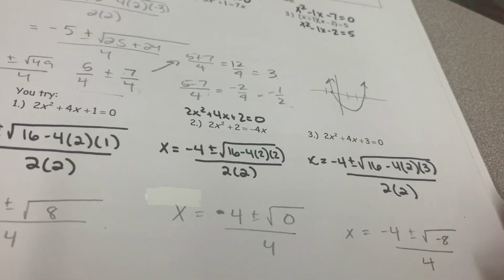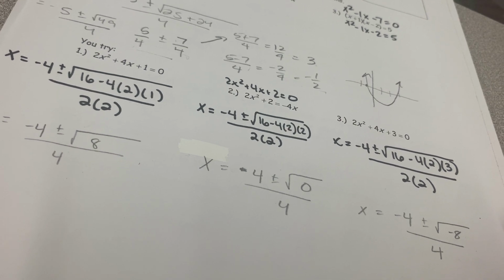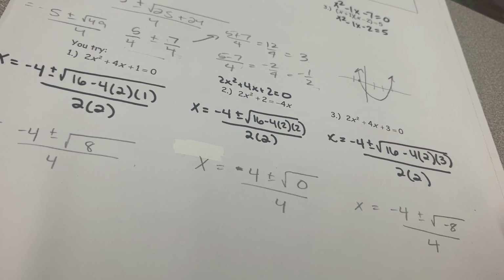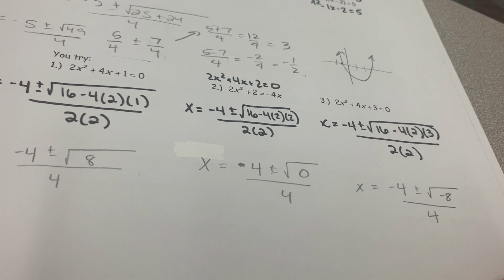Okay, so I'm starting to clean them up. We have 3 situations. They're pretty similar. -4 plus or minus the square root of 8 over 4, -4 plus or minus the square root of 0 over 4, and -4 plus or minus the square root of -8 over 4.